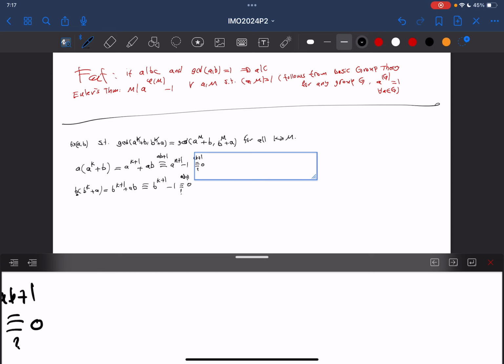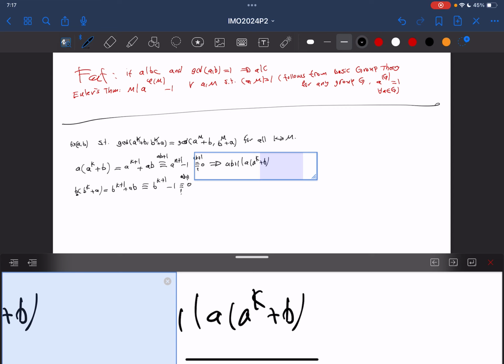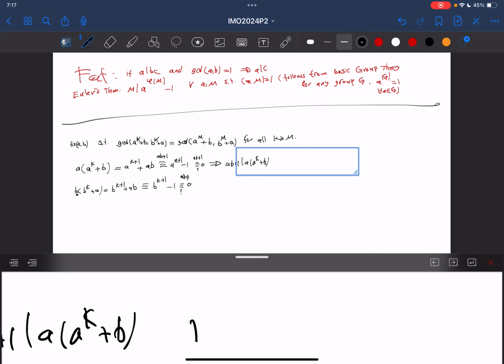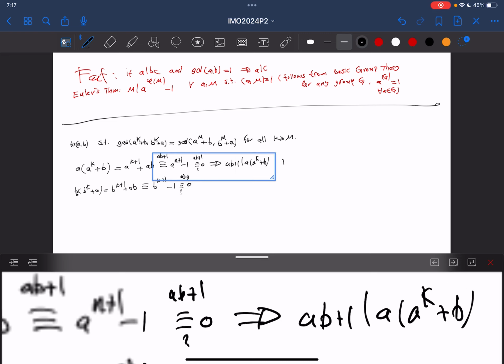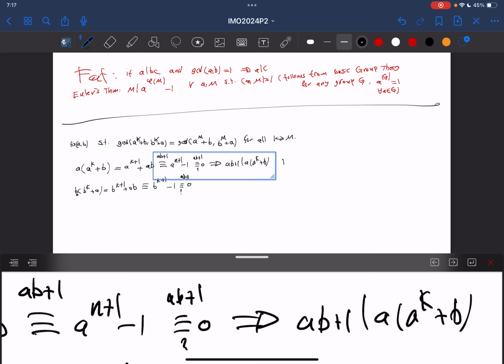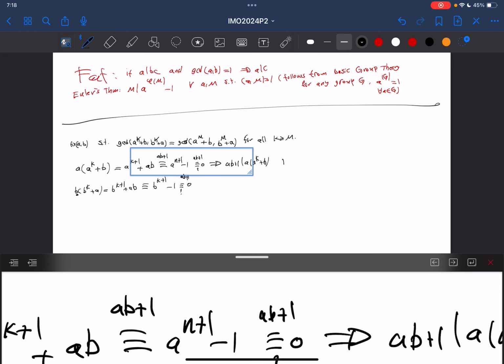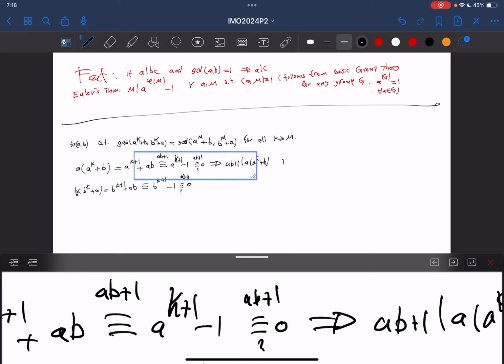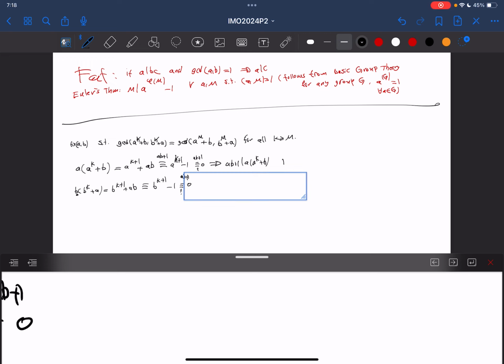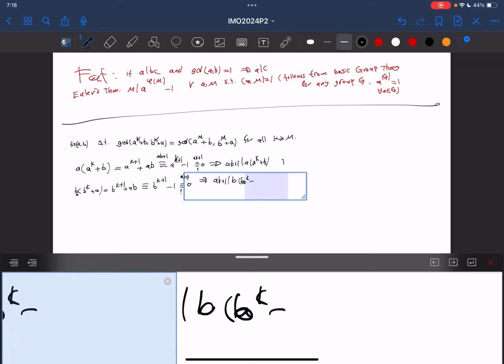Because if this is true, then ab plus 1 would divide a times (a^k plus b) for this particular k that I chose here, and this is also true for b to the power k plus a.